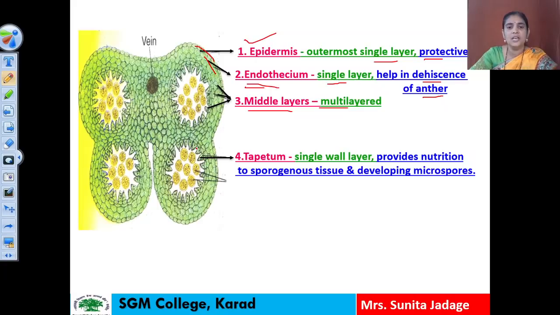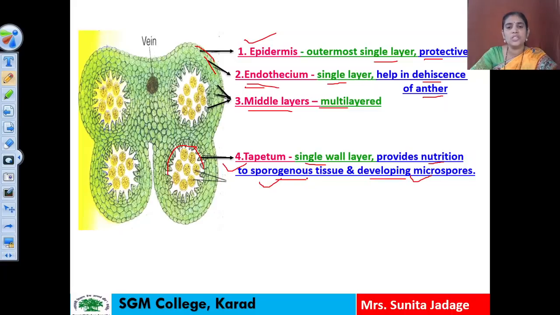Here you can see the large pyramidal shaped cells present on the inner wall, which is known as the tapetum layer. It is again a single layer of cells and it provides nutrition to the sporogenous tissue and developing microspores. When the anther matures, inside this tapetum layer the microsporangium or pollen sac is present, and in the microsporangium sporogenous tissue and developing microspores are present.